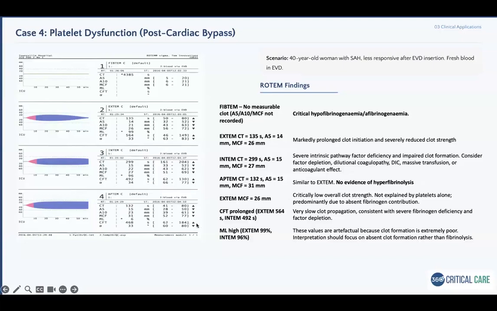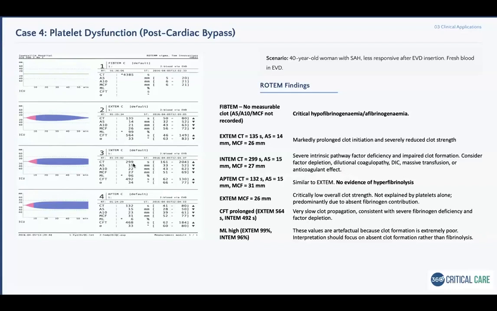These ML values, which are high at 96% and 99% in EXTEM and INTEM, can be artifactual actually, because the patient is very severely deranged in terms of coagulopathy, right? If there is no clot formation at all, you cannot determine how much clot is being destroyed.